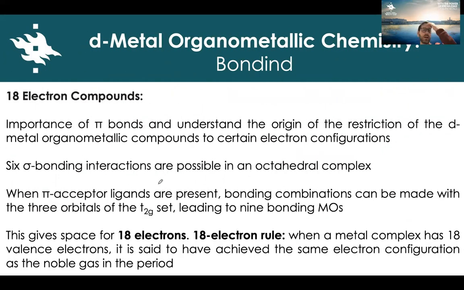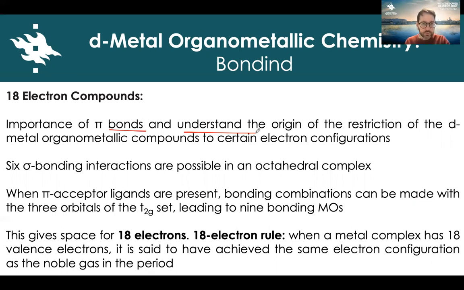This 18 electron rule highlights the importance of pi bonds and the importance of understanding the origin of the restriction that organometallic compounds can only be achieved with certain configurations.